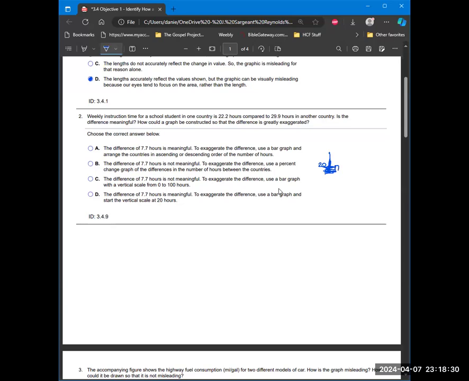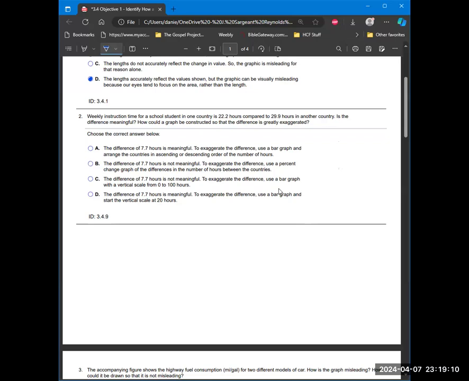This bar looks like it's nothing to get to 22, and then 29 is way like that, and that just looks huge, as opposed to if we did 0 to 20 would be like this, and 0 to 29 might be another 50% of that or so, and that's significant, but it doesn't look nearly as bad as if I give almost no height to the first bar because I start my y-axis on 20.